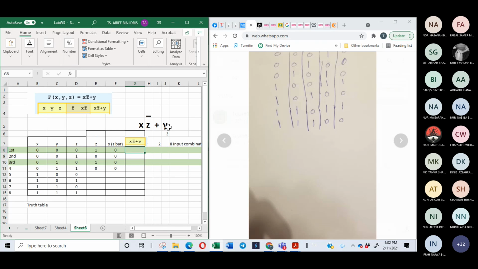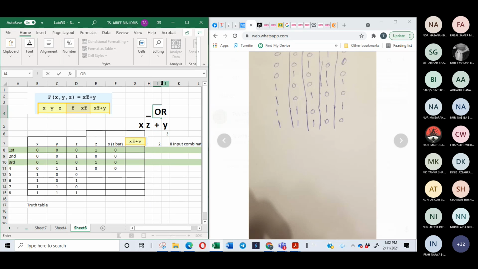Let's try to finish up the final result, which is the final expression x z bar plus y. Now we have the x z bar, and then we have the plus. What is the meaning of plus here, class? What is the gate here? OR. So the plus is equivalent to OR gates.